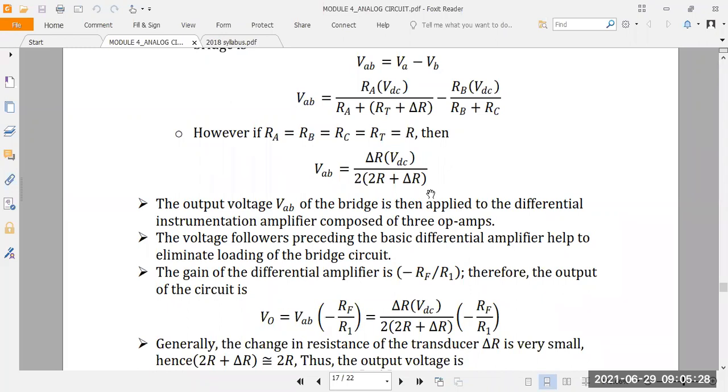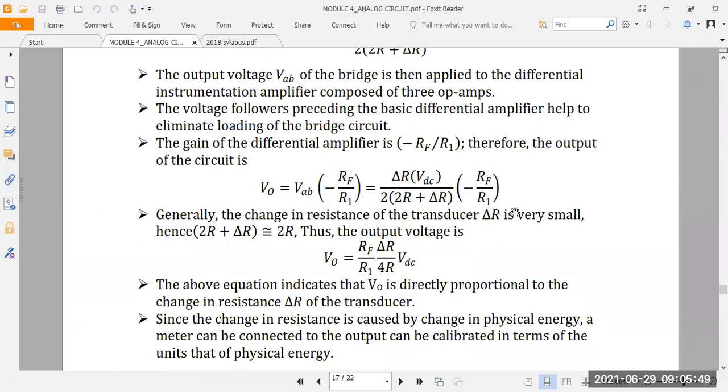After that, we can find the gain of the differential amplifier, that is across the subtractor here. The final output of the subtractor is V0 equals VAB into minus RF divided by R1. That equals delta R into VDC divided by 2 into (2R plus delta R), multiplied by minus RF by R1. Then simplify here.